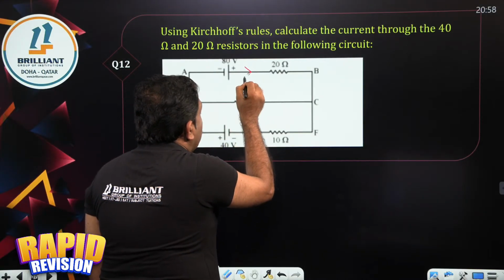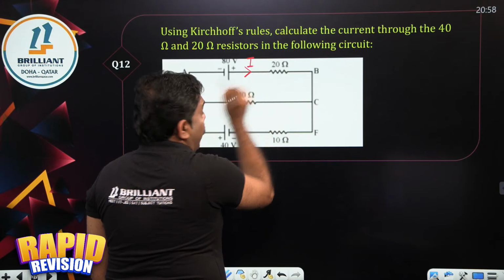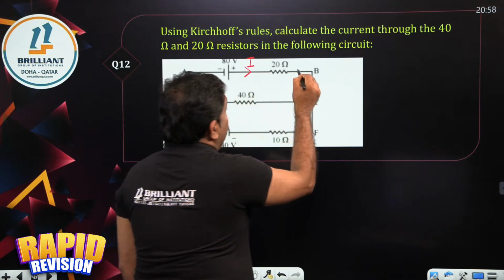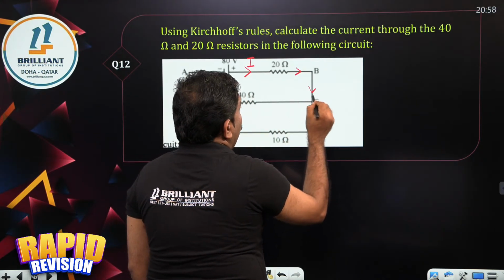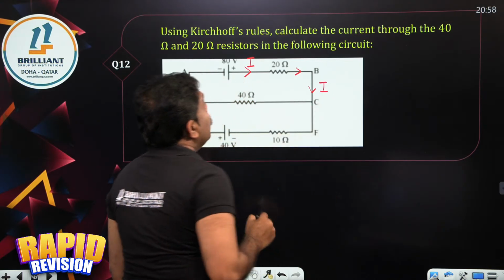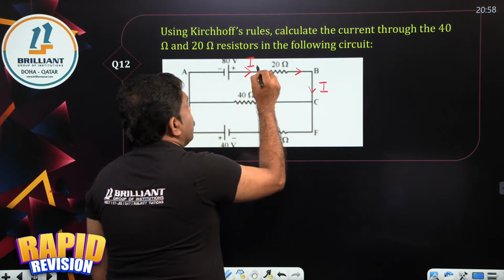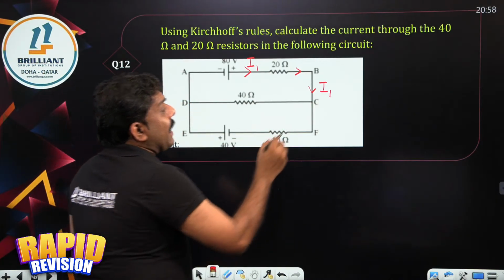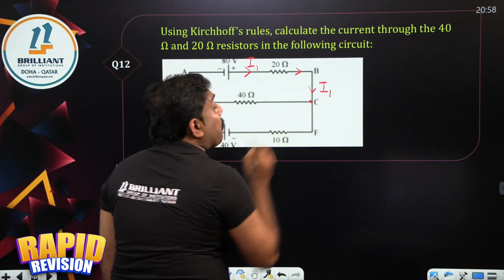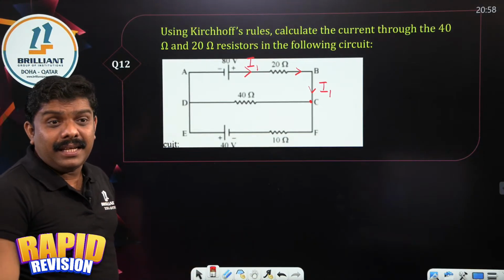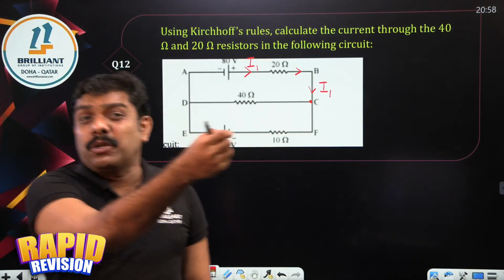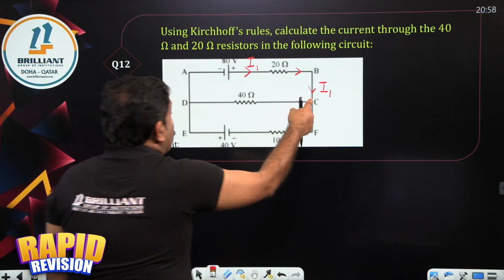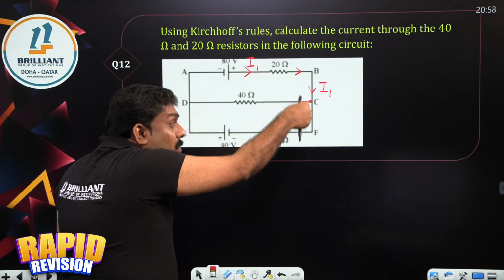From the positive I'm starting, so current I flows like this and reaches here. I'm marking it as I1. When the current reaches here, it will split at the junction C, because the current has two ways to go. Current can flow through CD, and through CF.